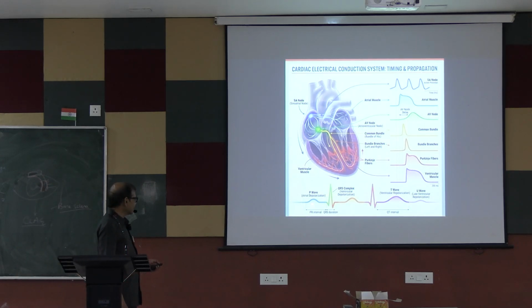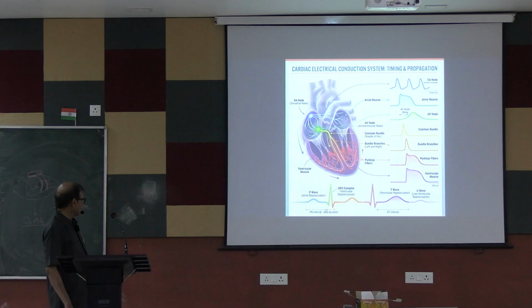PR interval means from the onset of the P wave to the onset of the QRS complex. The total duration is the PR interval. And the QRS complex, this is the ventricular depolarization, that is phase 0 and to some extent phase 1.